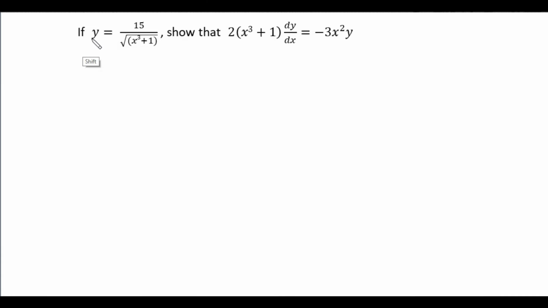This is a fraction, so we cross multiply. Remember, you multiply by the denominator here, then you multiply by the denominator there also.